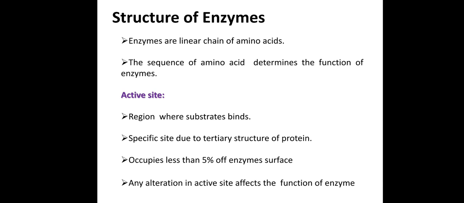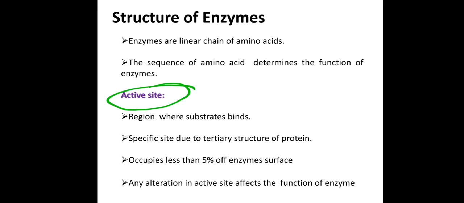This is done by providing a special space for the reaction. Enzymes provide special space for the reaction to take place. Such spaces which are present on the surface of enzymes are called active sites. These are the sites to which the substrates bind.